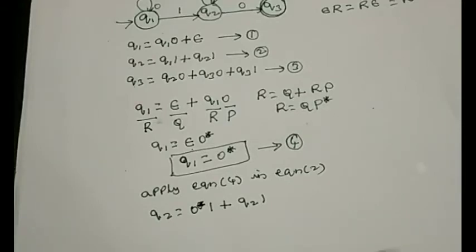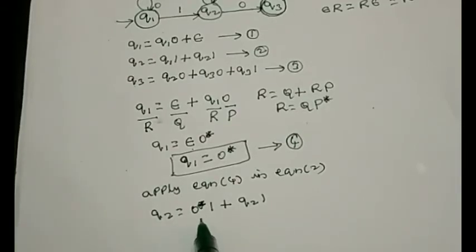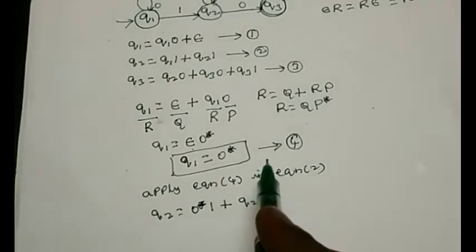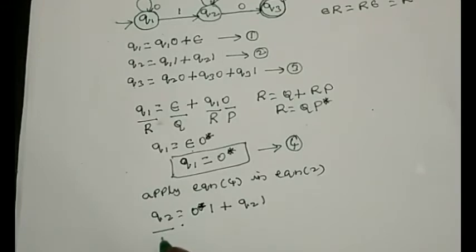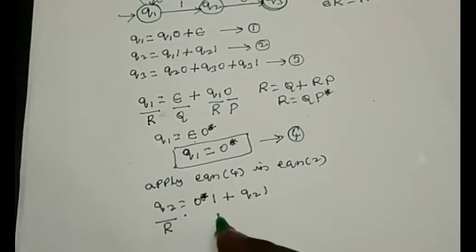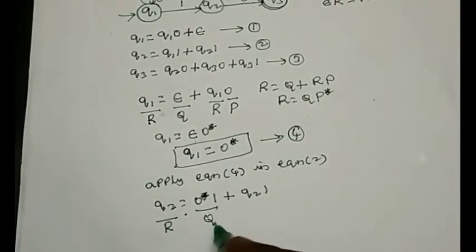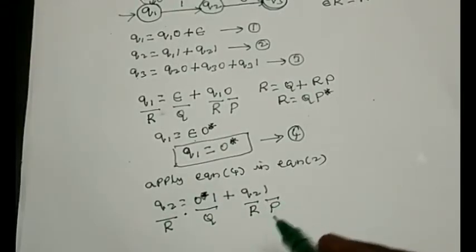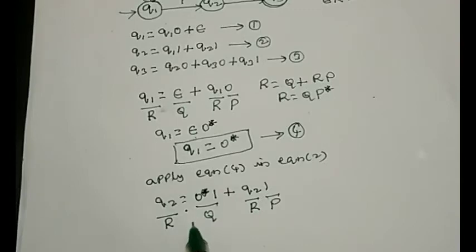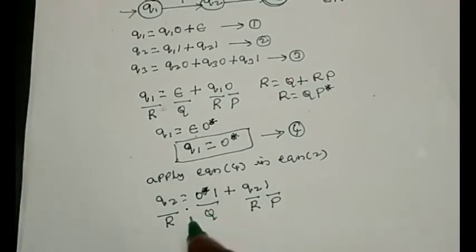Now apply this equation to the standard format, R equal to Q plus RP. This is R here, this is Q, this is again R, and this is P. So you can reduce it. Finally, when you reduce it, you get R equal to QP star. So what is R here?